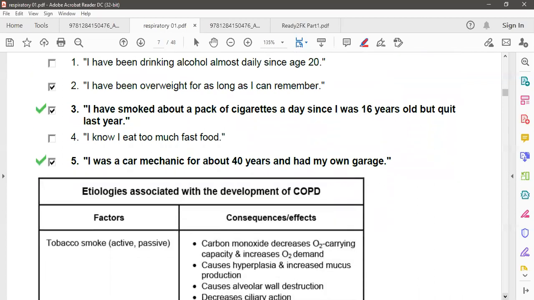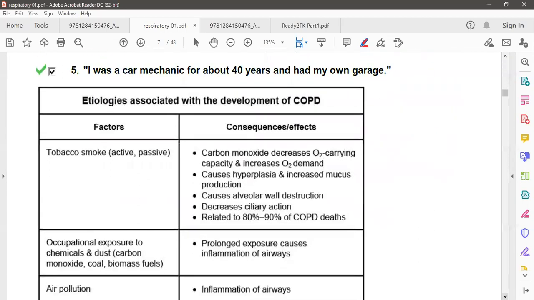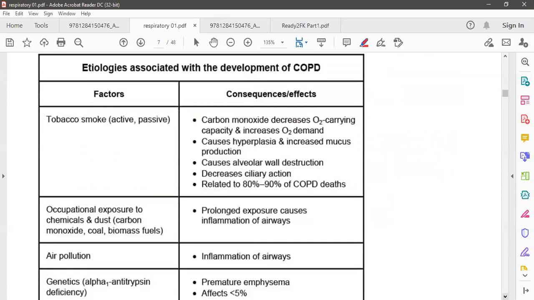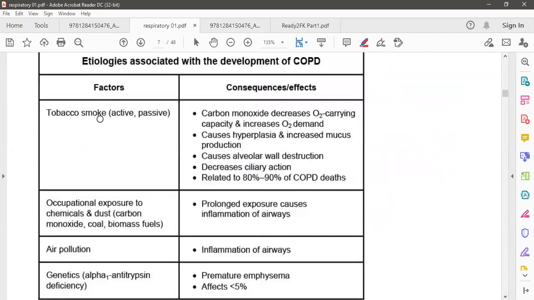Now here is a table showing the etiology associated with COPD, like tobacco smoke, active or passive, the important factor and irreversible. Occupational exposure to chemicals or dust, like carbon monoxide or fuel. Prolonged exposure can cause inflammation of the lungs and cause pulmonary disease.